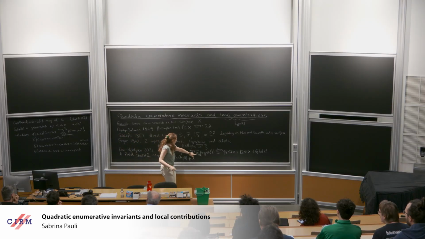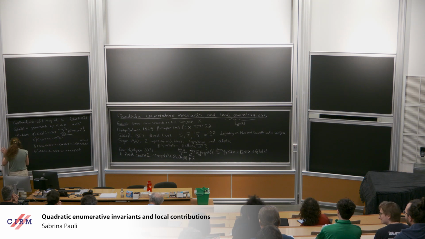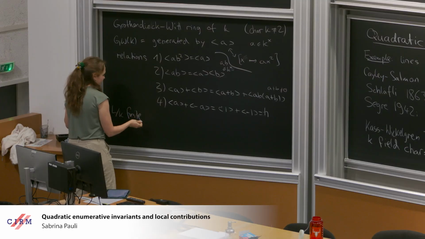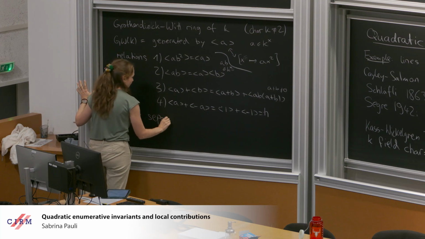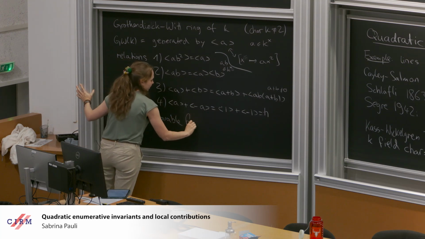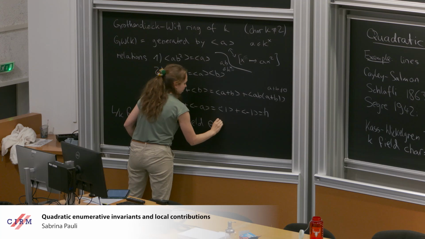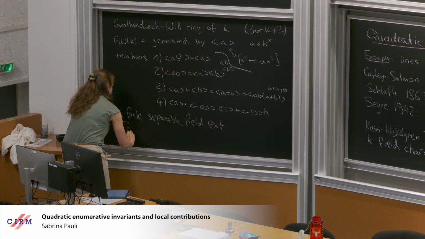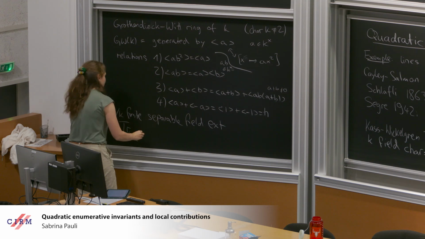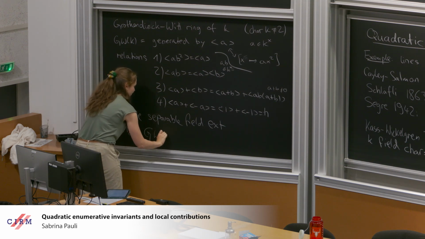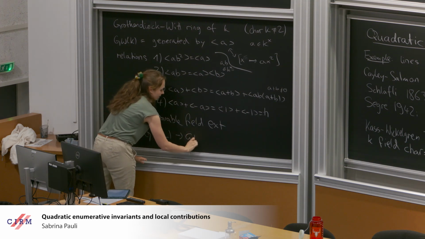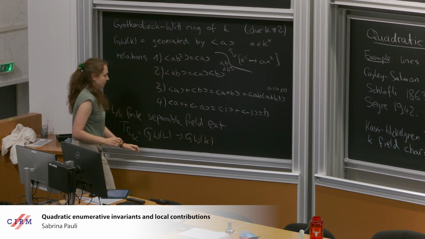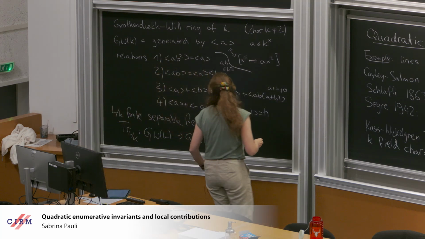Here I also have some trace. If you have L over K, a finite separable field extension, then we get the trace homomorphism from the Grothendieck-Witt ring of L to the Grothendieck-Witt ring of K. And what is this?